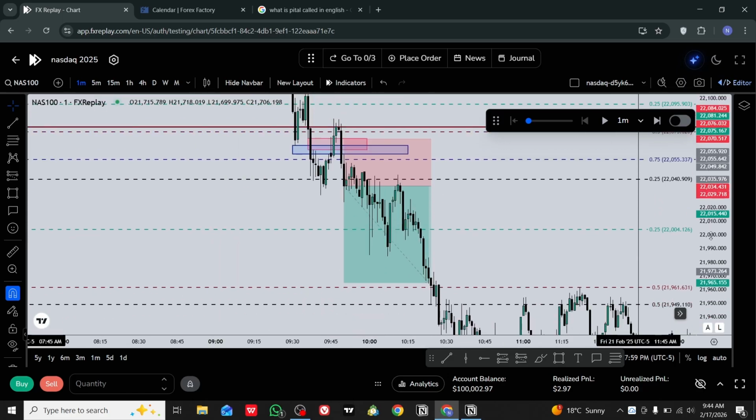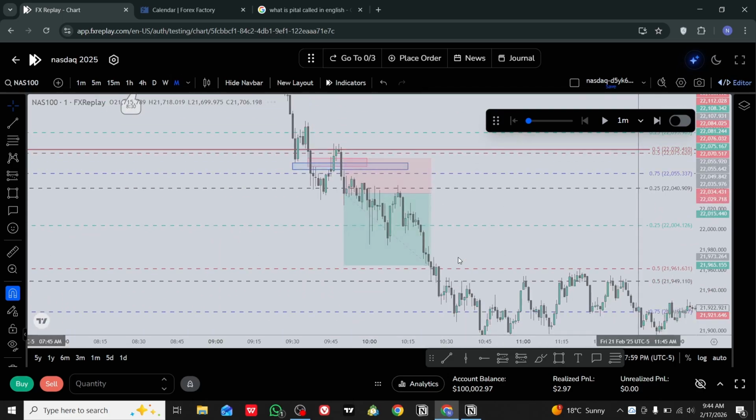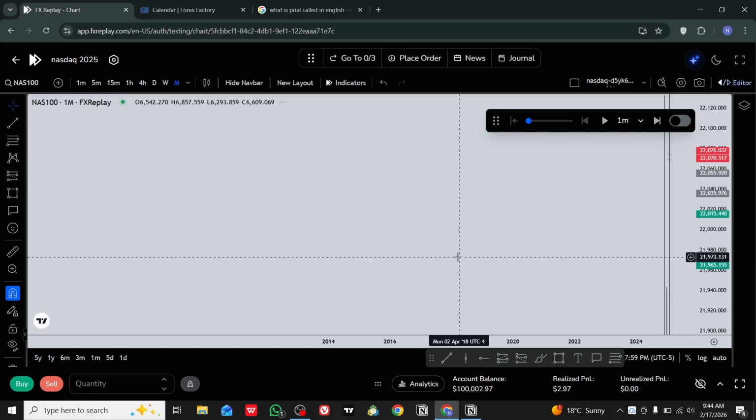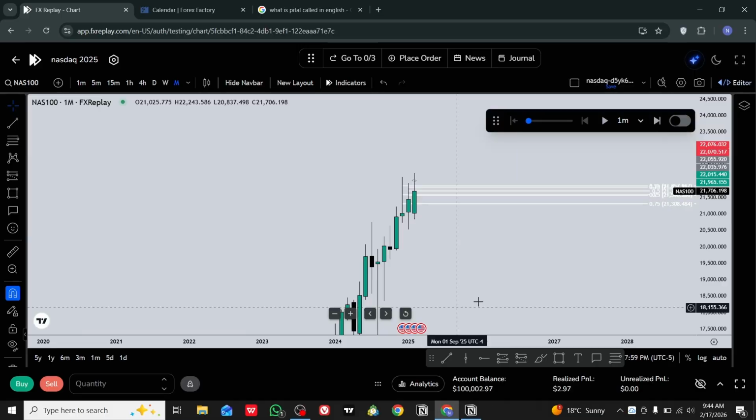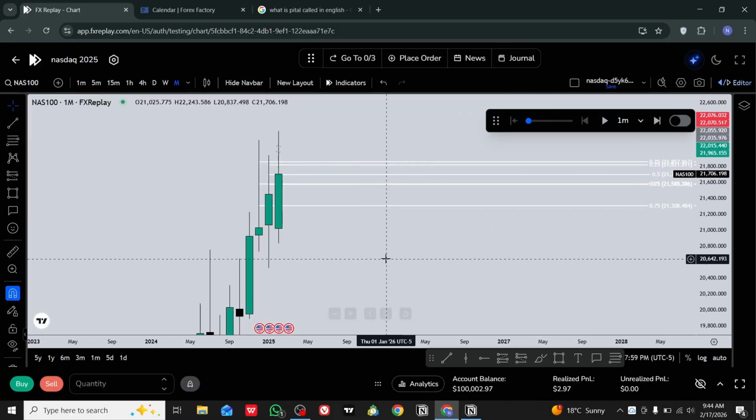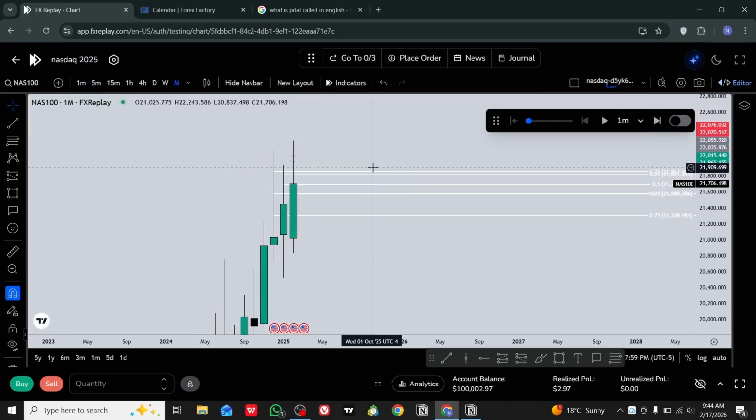Okay, so let me show you the overview. What this day looked like and what time frames we're looking at. This was the monthly. I highlighted two monthly wicks. This is the longest recent one, and this is the previous one.